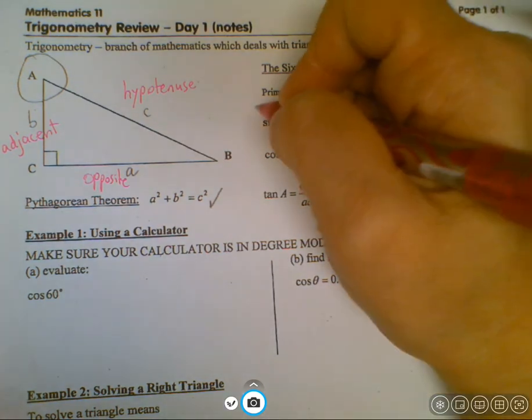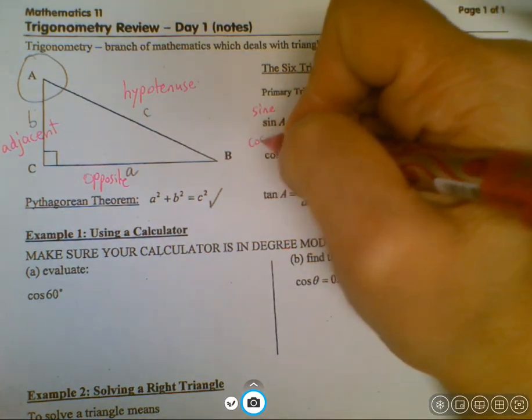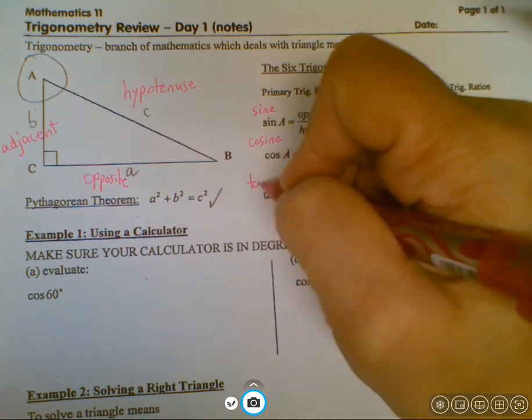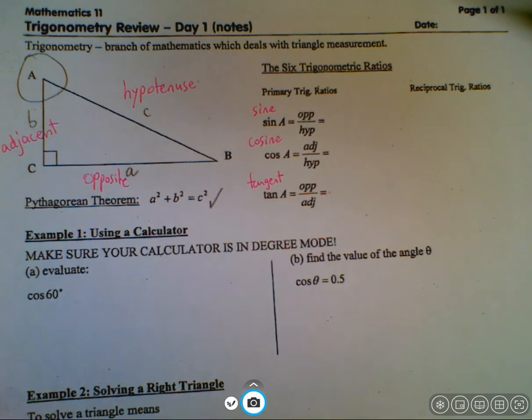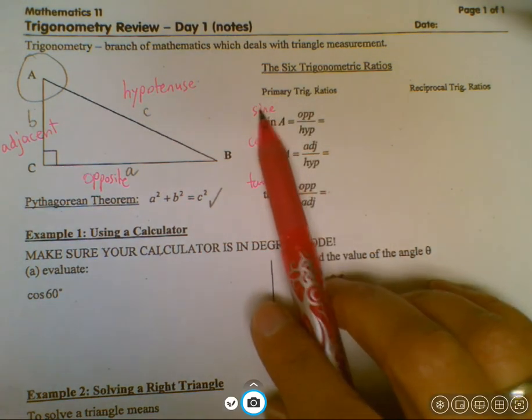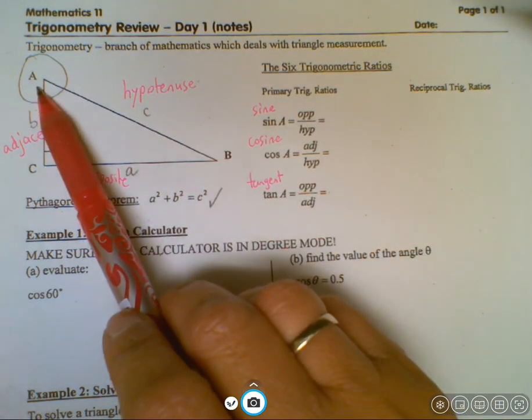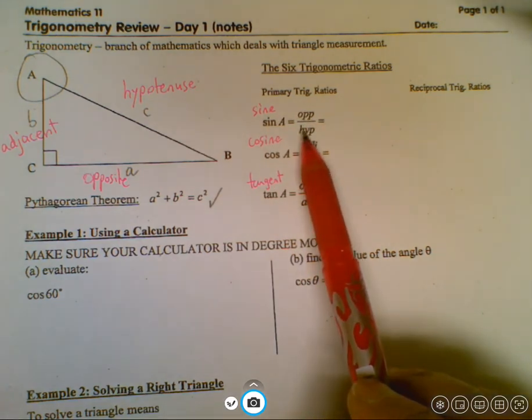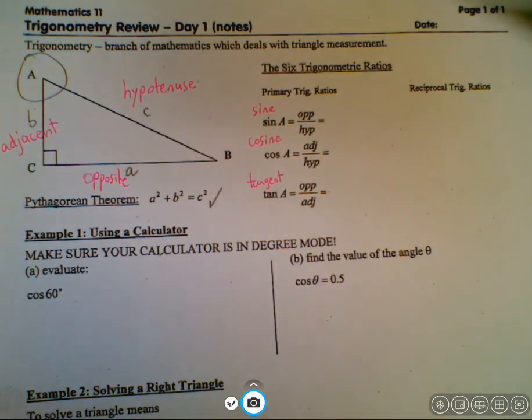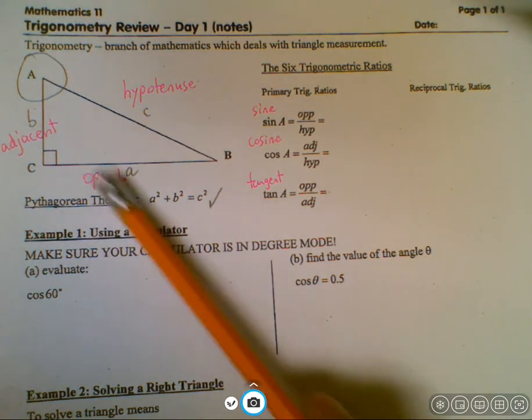Okay, so we read them like this: sine, cosine, and tangent. All right, and they were defined this way: the sine of angle A is equal to the ratio between the opposite and hypotenuse. So you divide the opposite by the hypotenuse.